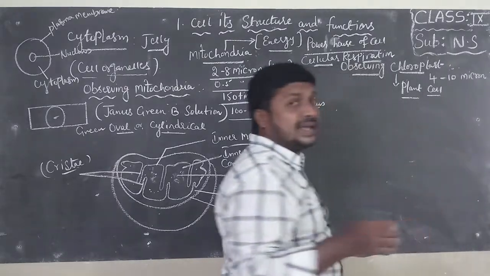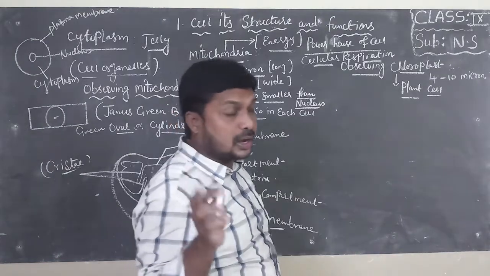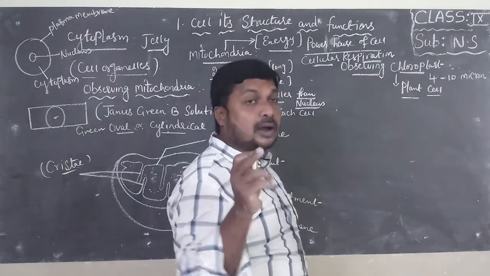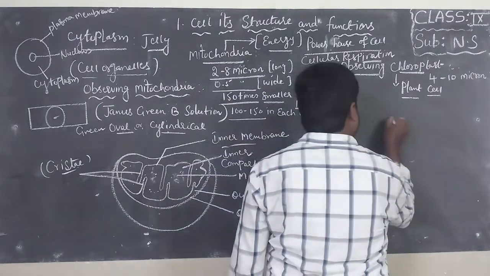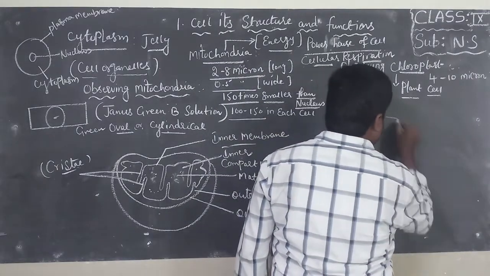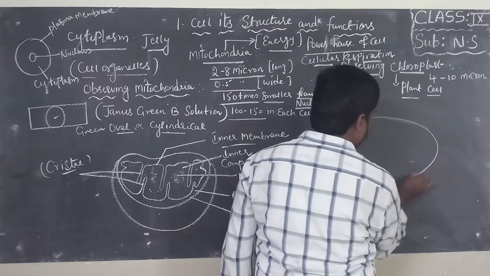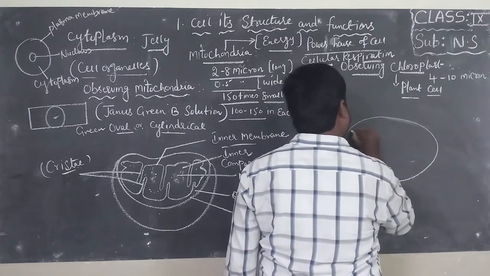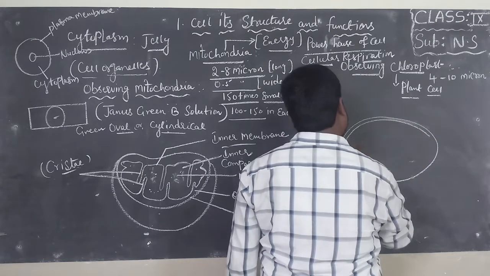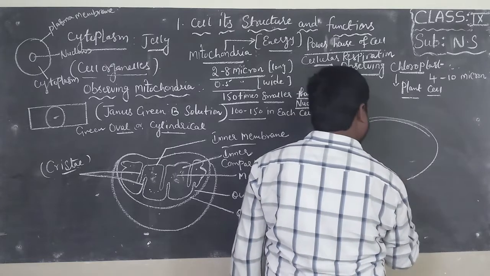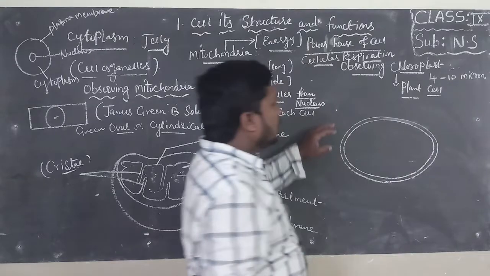Now I will draw the diagram of chloroplast. This is also very important from the 10th class point of view. Observe carefully and draw the diagram in your notes. This is the chloroplast.